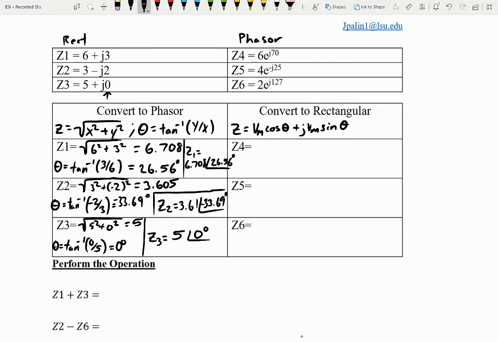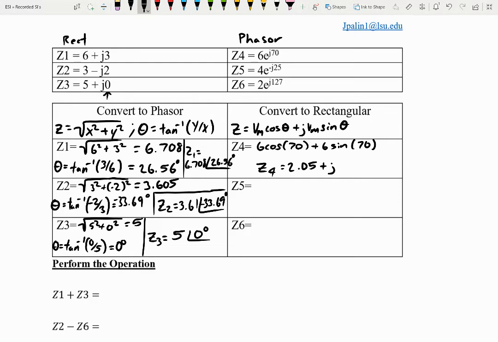So z4 would be 6 cosine of 70 plus j 6 sine of 70 degrees. If we write that out, you get 2.05 for the real part.